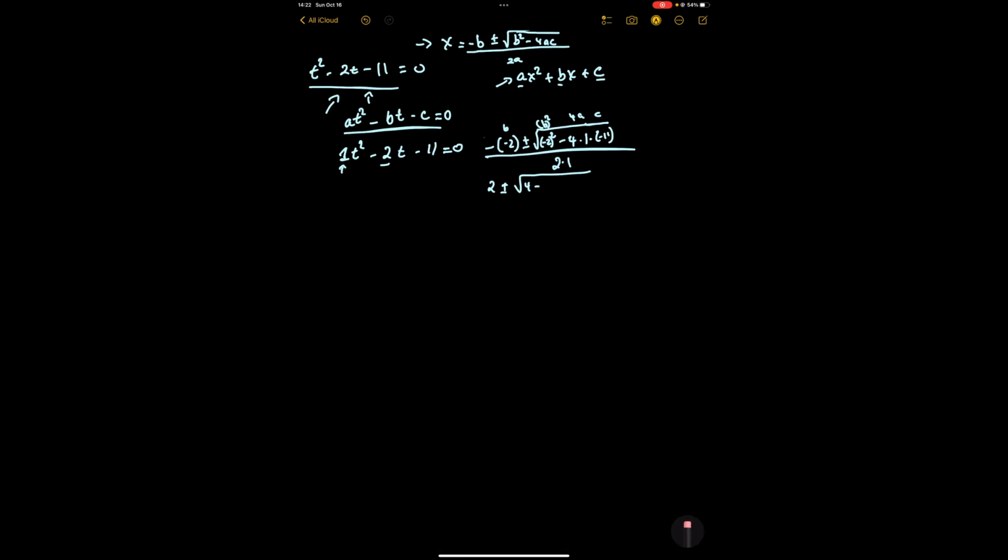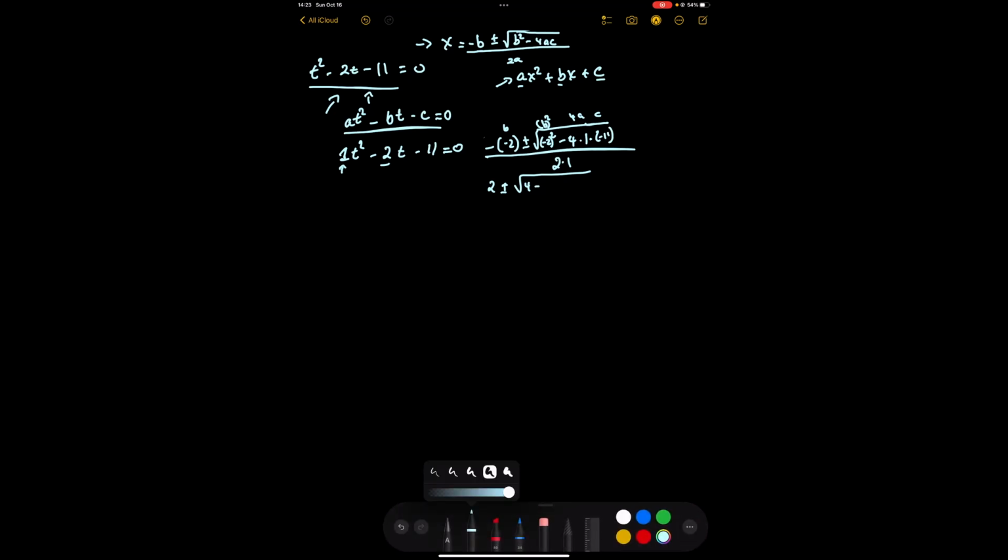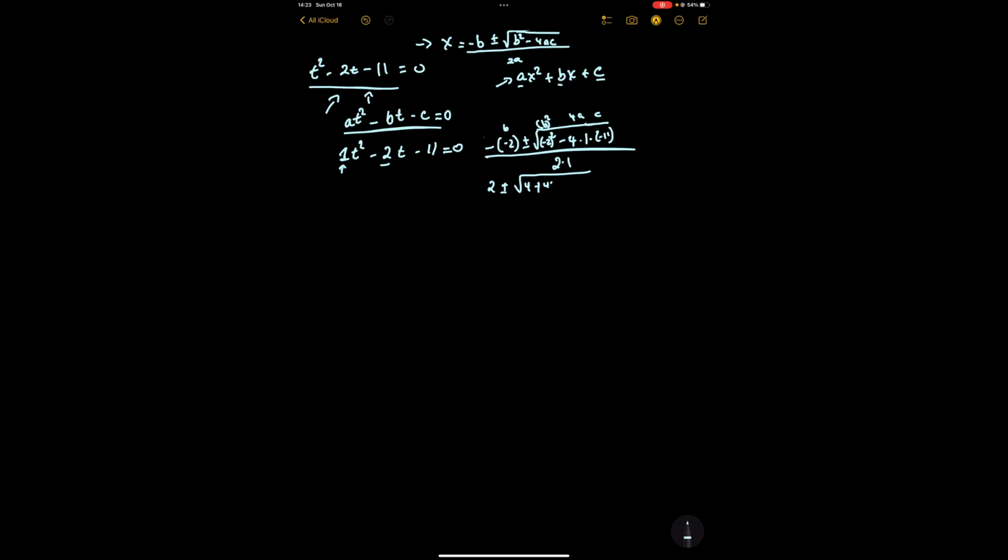That will be negative 44, and times the negative, that's going to be positive 44, over 2. So that means we'll have 2 plus or minus the square root of 48 over 2.